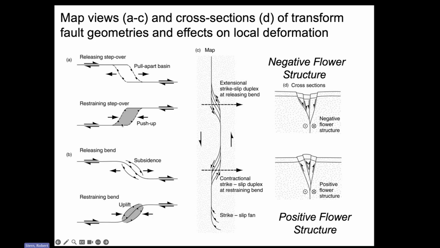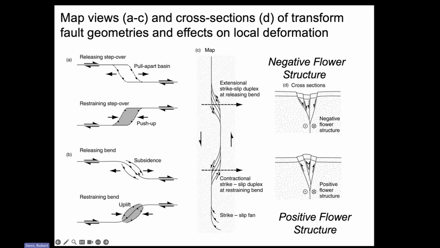And here we've got a right lateral system with a left step. So we've got a push up or a restraining bend, right? Here they're using the word step over for bends. You know, we tend to jump around a lot. So this is another way to see it, right? Here, we can show the extension here like this or like this, right?